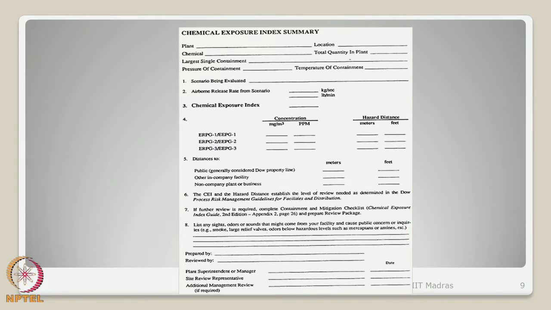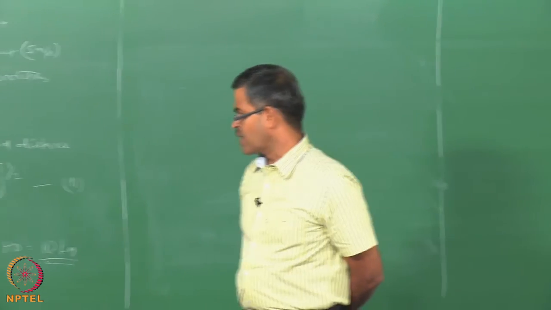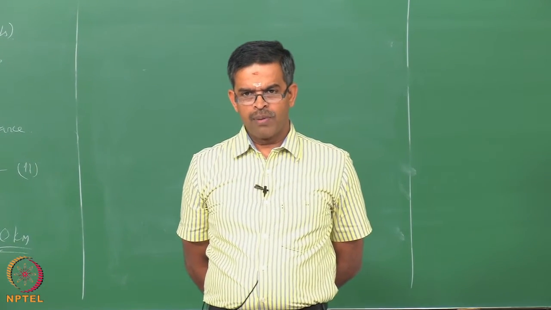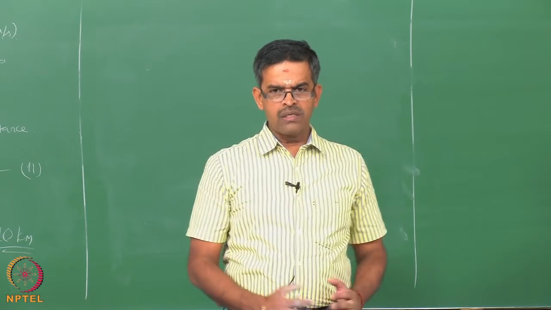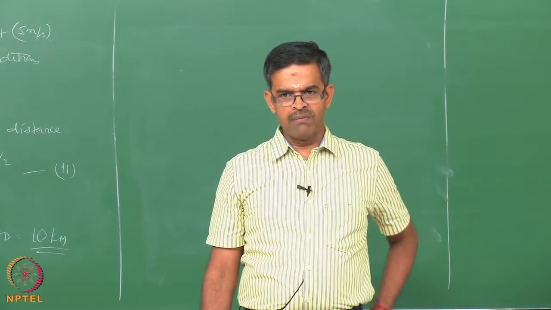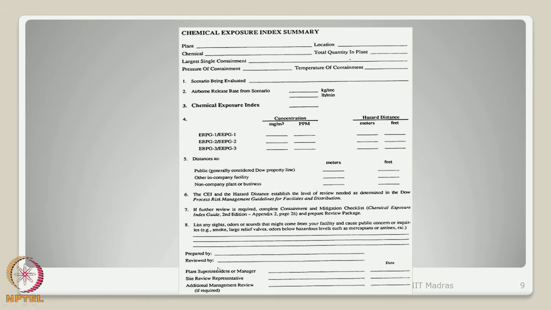So, this summary sheet will tell you completely how to estimate a chemical exposure index, how to estimate the hazard distances and what would be the consequence for public, property etc. lying within this hazard distance for a specific ERPG concentration level, which is available in the chemical handbook for all hazardous substances. You must also say who has prepared the report, who has reviewed the report, the date on which you reviewed the site, what additional recommendations you made and in what capacity you made them. So, this report is a legal document which is stocked and stored in the industry.